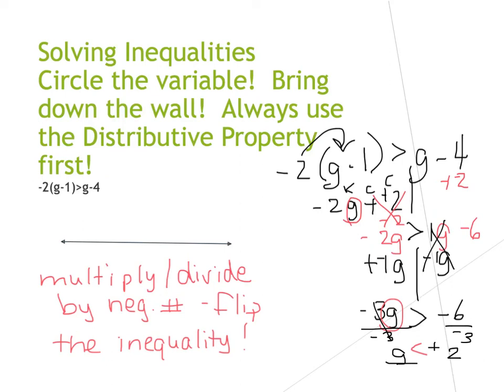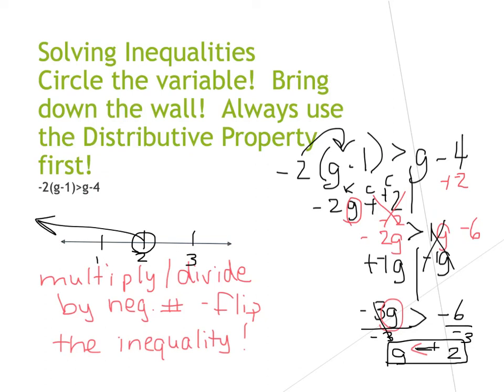So my solution is g is less than 2. That means any number that is less than 2 would be my answer. So when I go to graph it, I have my 2, my 1, my 3. It's going to be an open circle. Remember, it's open because there's no line under the less than sign, and my arrow is pointing this direction, so I'm going to point it this way.